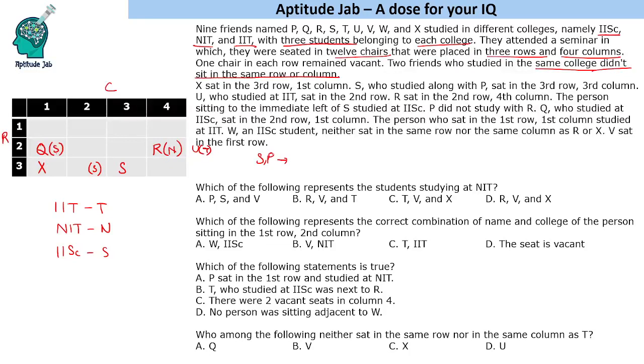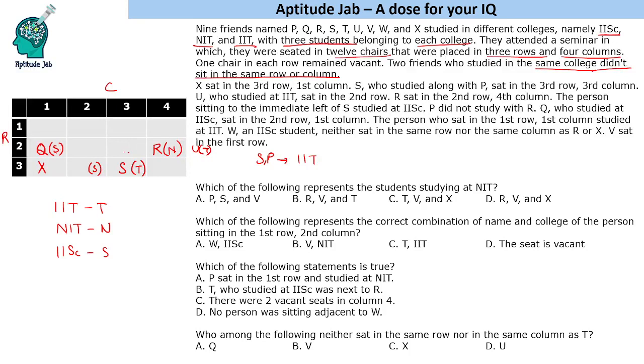Now S and P do not belong to NIT, they belong to the same college. They cannot belong to IISc because we already have 2 people from IISc. Okay, so we cannot have 4 people from IISc. So they belong to IIT. So this will be T. That means IIT student. Now, if you look at this row should have U, who is from IIT.